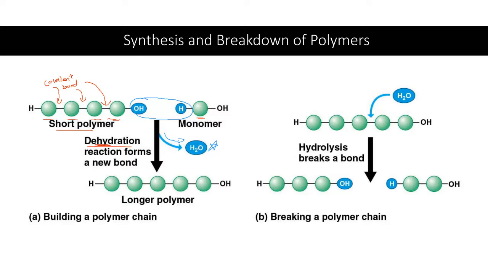We are going to make another covalent bond. I'm going to say it goes this way just to keep consistent. Now we make another covalent bond, and our chain got bigger, because we're adding. So there you go. In a dehydration reaction, we lose a water molecule and we make a new bond.